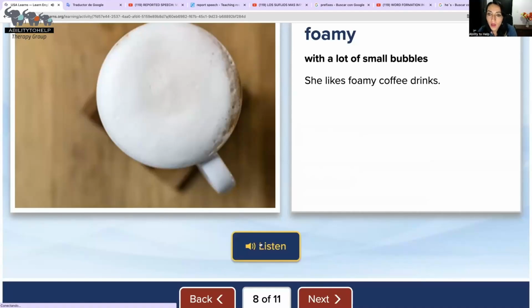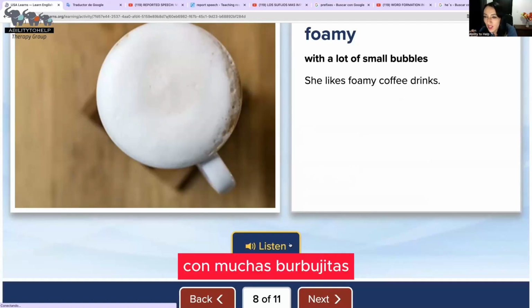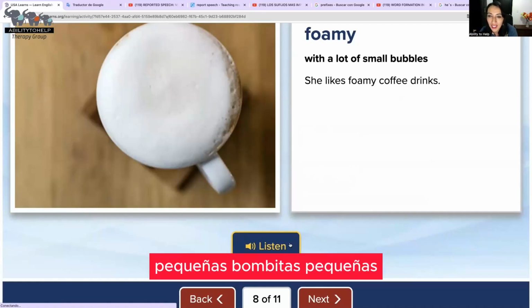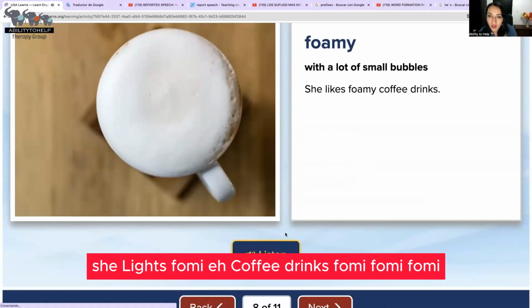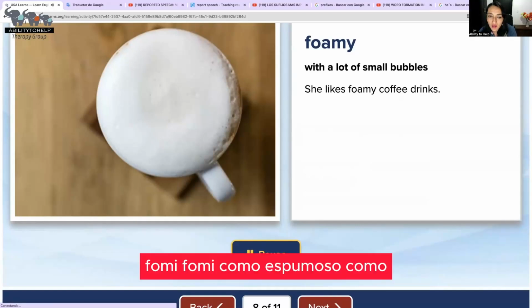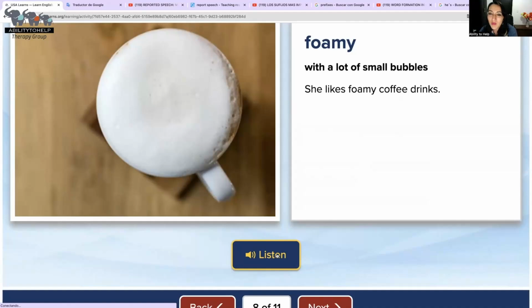With a lot of small bubbles. Con muchas burbujitas pequeñas. She likes foamy coffee drinks. Foamy, como espumoso, with a lot of small bubbles.